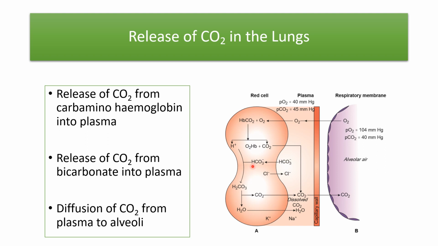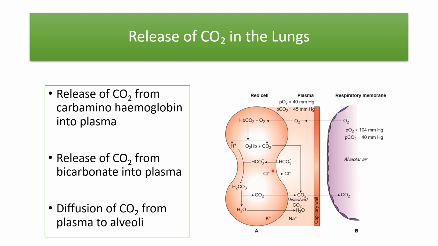And when they combine, they will form carbonic acid, H2CO3. This carbonic acid will dissociate into water and carbon dioxide, and again this carbon dioxide will diffuse out into the plasma.